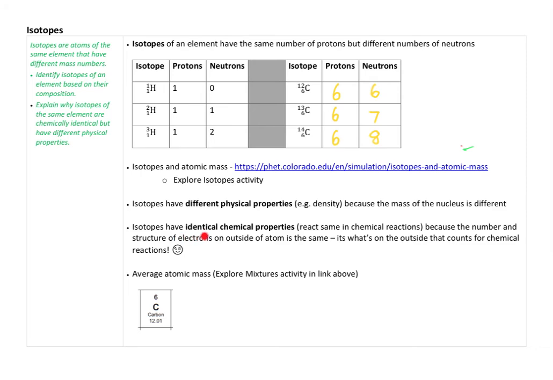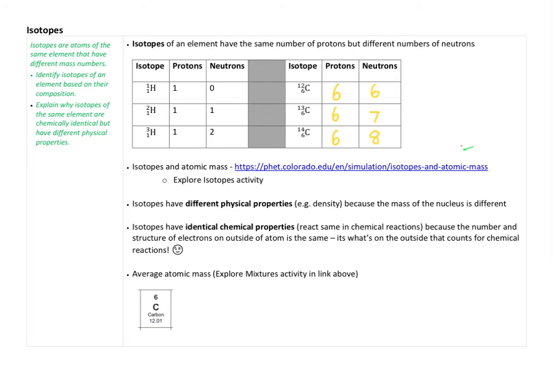However, isotopes have identical chemical properties. And by that we mean they react the same in chemical reactions. This will be more important in chemistry, but we do need to know this for both. You'll see here it says explain why isotopes of the same element are chemically identical but have different physical properties. The reason the chemical properties are identical is because the number and structure of electrons on the outside of the atom is the same.